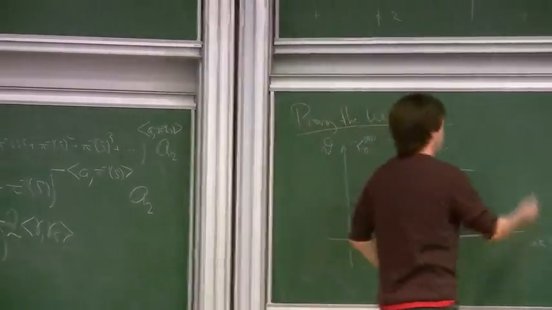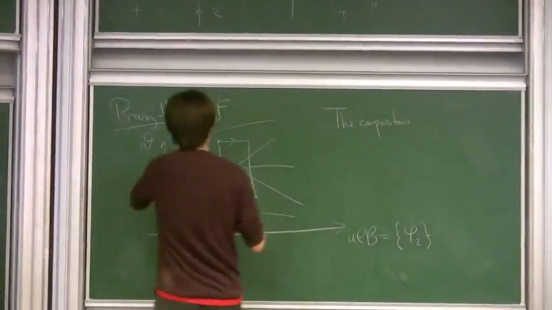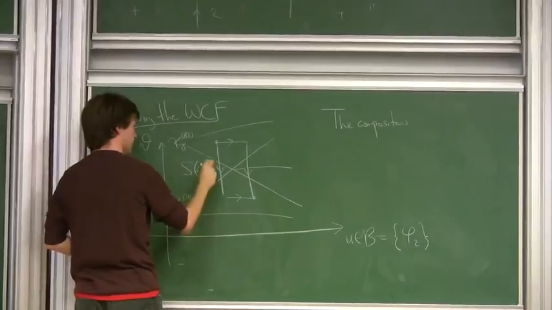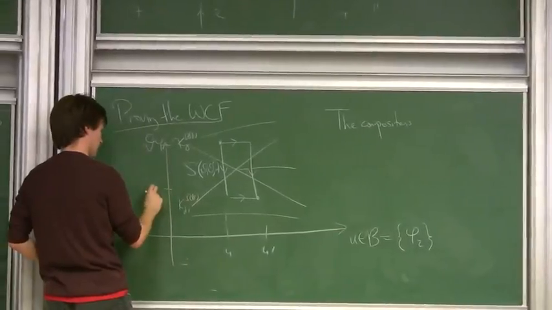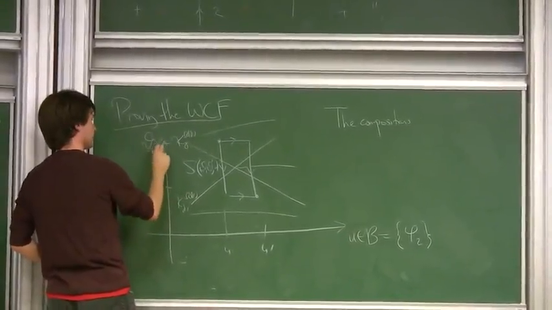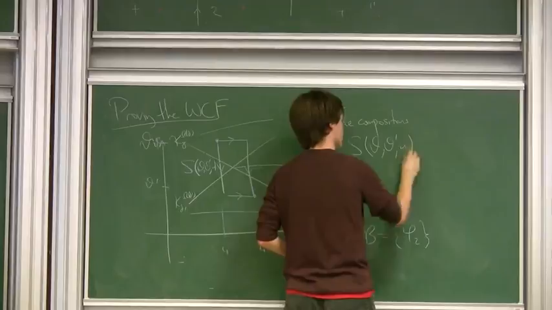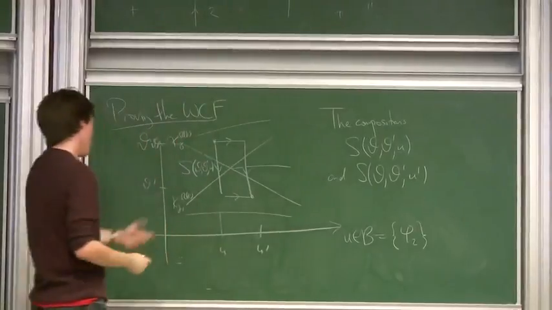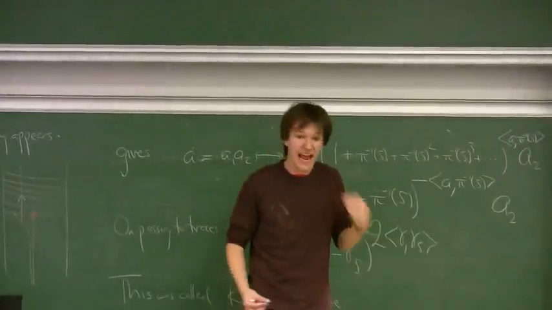So what this shows is that the compositions, I think we called this composition last time S of theta, theta prime, and U. This was U, U prime, theta, and theta prime. So the compositions S of theta, theta prime U, and S of theta, theta prime U prime, at least you can say they act the same on all of these T of P's, almost by definition.